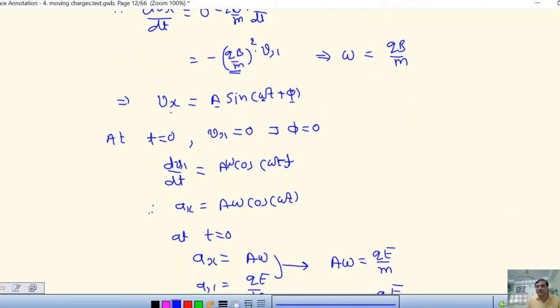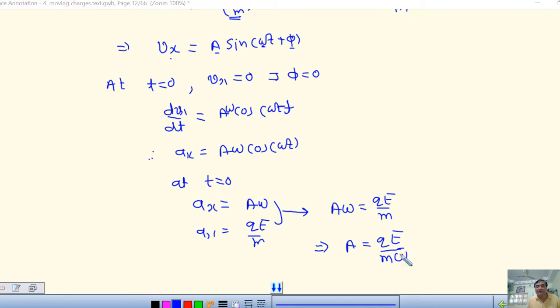So we put it there: qe upon m divided by qb upon m. The q cancels, the m cancels. So we get a is equal to e upon b, and phi is equal to 0. So these are our constants.